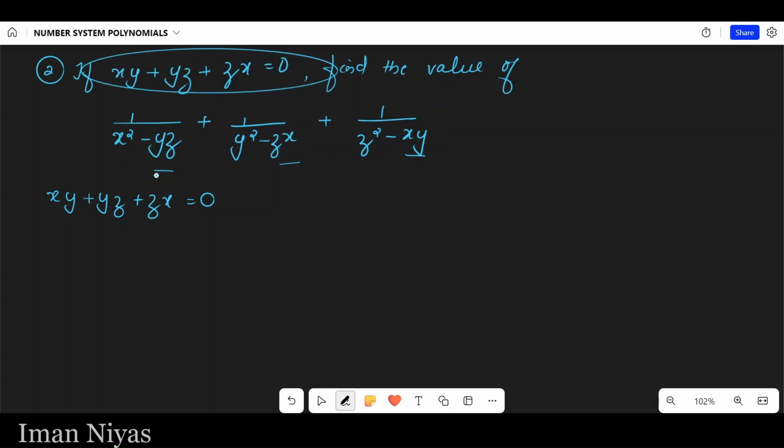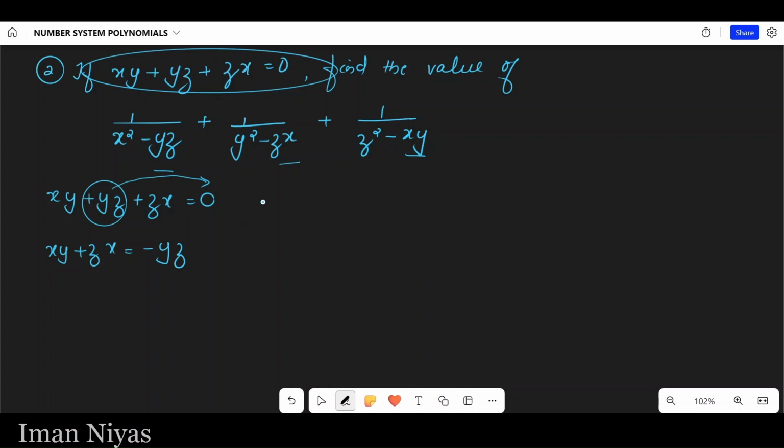Yeah. So let's see. I'm taking this yz to the right hand side. So what is left over in the left hand side? That is xy plus zx is left over. And if I'm taking this yz along to the right hand side, this is positive, that will become negative yz. Now we are going to find out minus zx. So from the same equation you can find out minus zx.